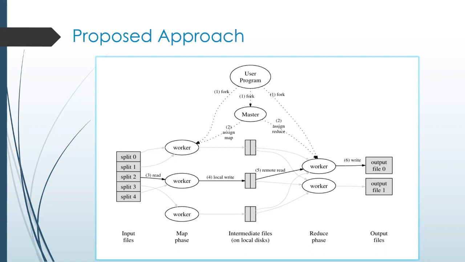What is new in this approach is also the importance of backup tasks, which is highlighted by the authors. Backup tasks are employed in MapReduce to address the issue of stragglers, which are machines that significantly prolong the completion time of a data processing job. To mitigate this, the master schedules backup executions of the remaining in-progress tasks near completion.